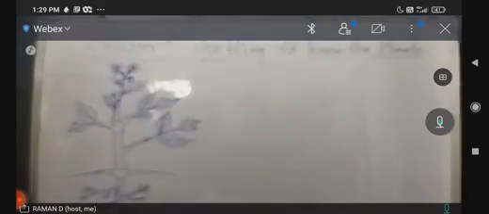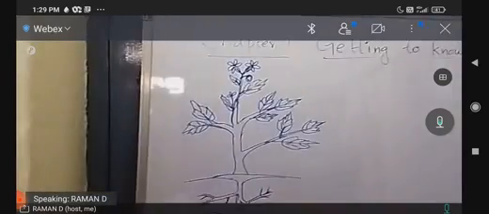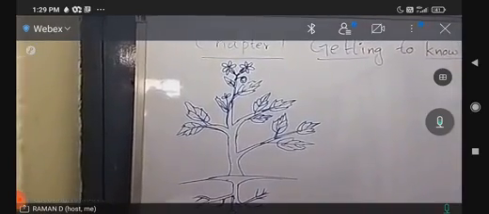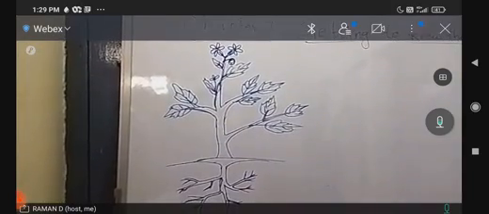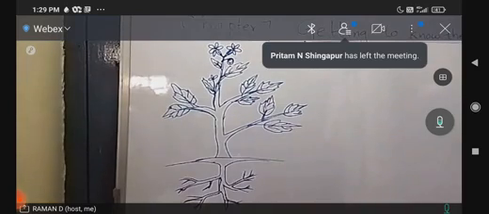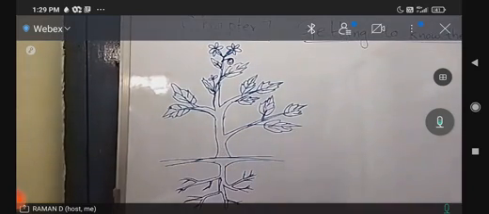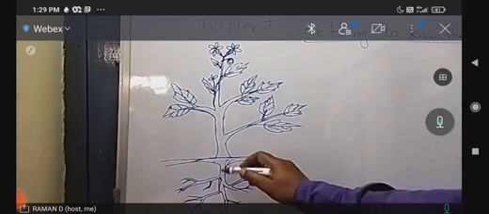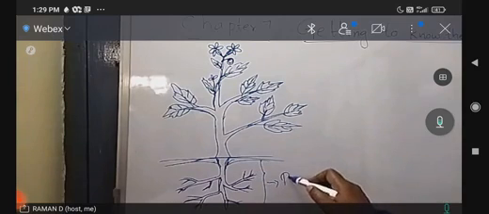Right. So roughly I have drawn this diagram. Don't think much about whether it is clear or not. Let us try to understand the parts of the plant. If you take the plant, some part of the plant grows below the soil. What is this part called?